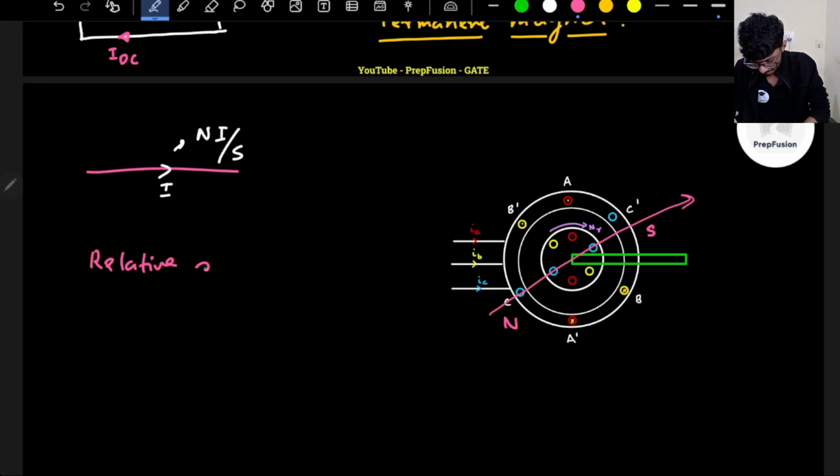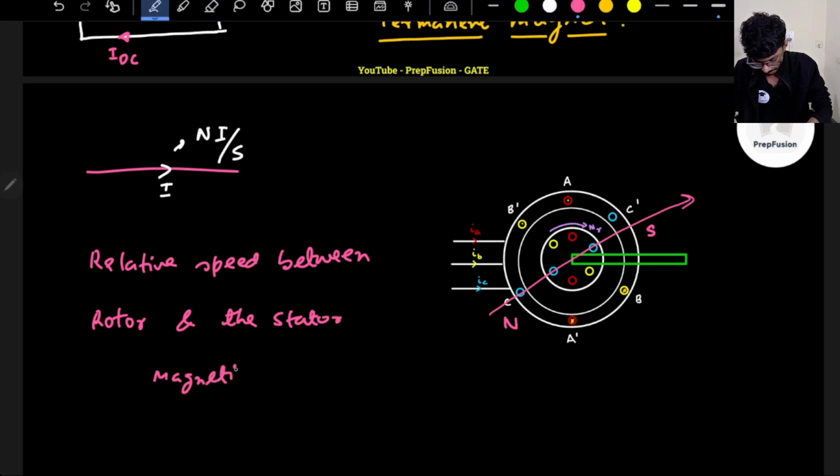So there is a huge relative speed between the rotor and the stator magnetic field.